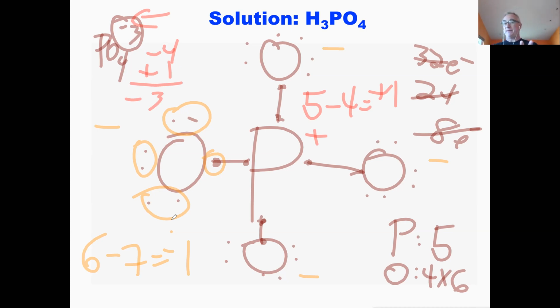But it's argued that you would want to reduce the total number of charges as much as possible. So what would happen, and this has been taught for years in chemistry classes, is we would take one of these lone pairs from one of the oxygens and make a double bond. That would give phosphorus 5 valence electrons and eliminate the charge, and give that oxygen 6 valence electrons and eliminate that charge, leaving only 3 oxygens with negative charges.